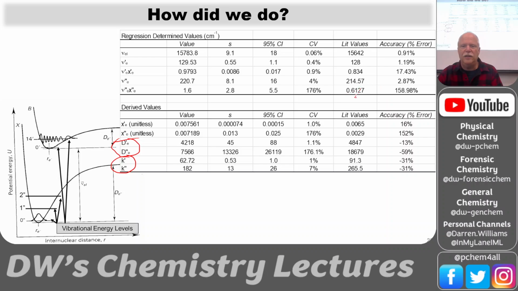And so you're able to compare. Some of these are really, really good. 0.91% error. Some are not so good, like the one we just looked at, 160% error. Oops. Okay. And then these unitless versions of X, if you wanted to calculate those, are similar. And then our force constants look like they're both low by about 31%.